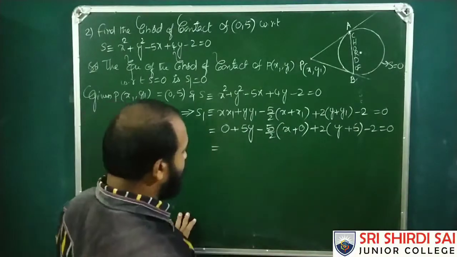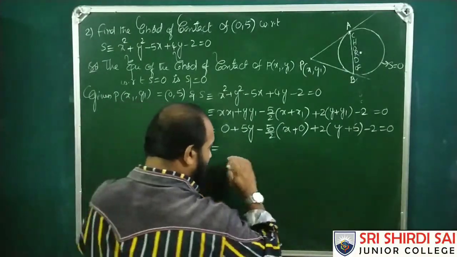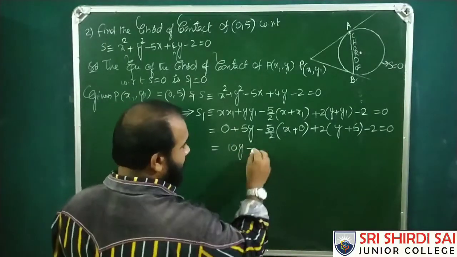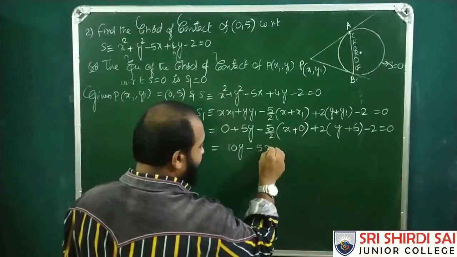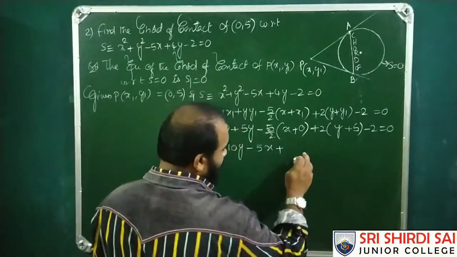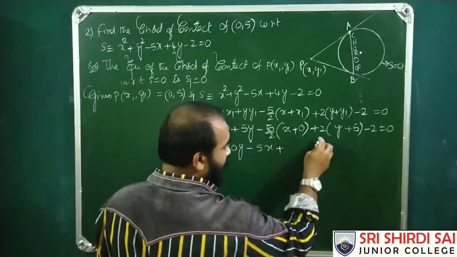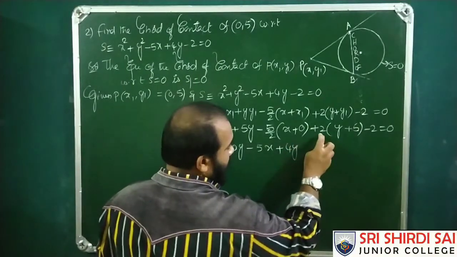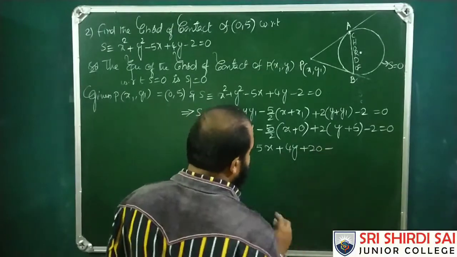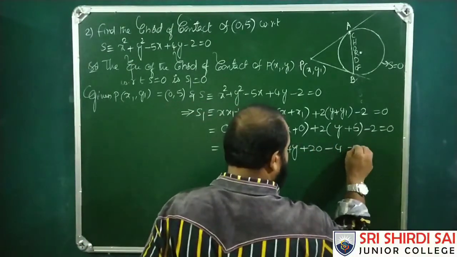So that is equal to, 2 is the LCM: 2 5s are 10y minus 5 into x, 5x, plus 2 is the LCM, so 2 2s are 4 into y, 4y, 4 5s are 20, minus 2 2s are 4, is equal to 0.